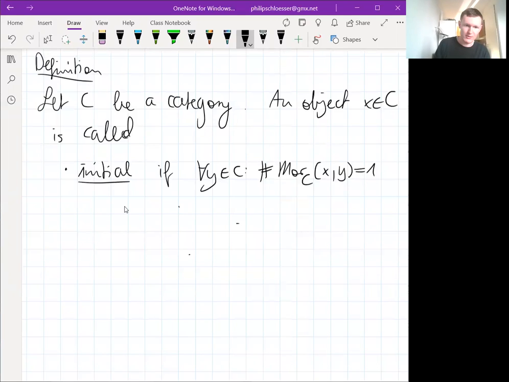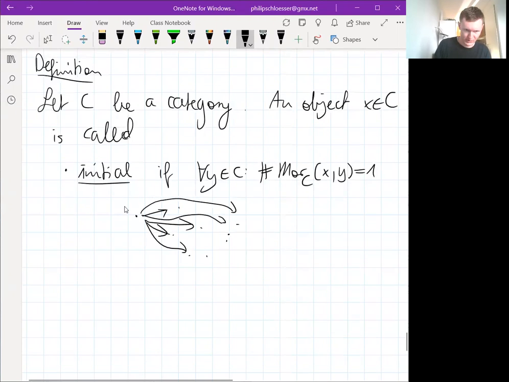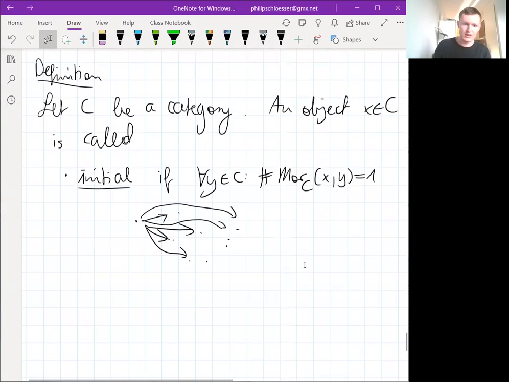So if we draw our category like that, then X is initial if we sort of have maps from X to any other point in that category. And moreover, these maps have to be unique.